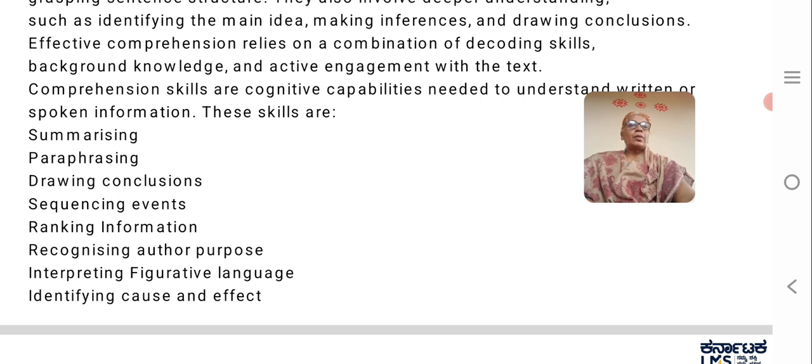Fluency is reading accurately and at a good pace or speed, which allows the reader to focus on meaning rather than struggling with individual words. Understanding the meaning of words, both their common meanings and specialized meanings, is vocabulary.